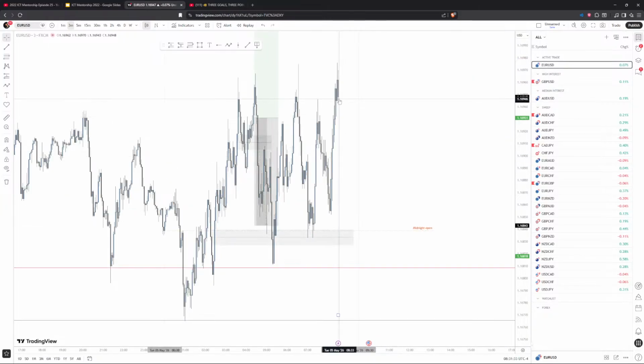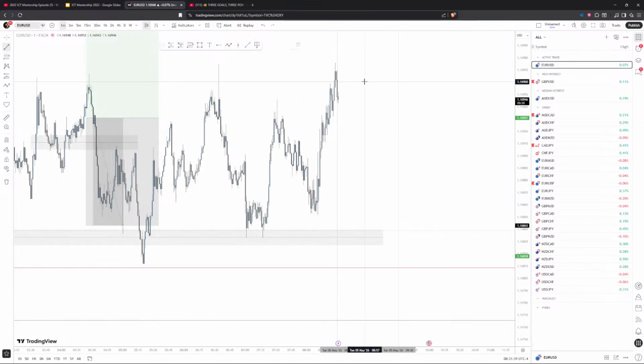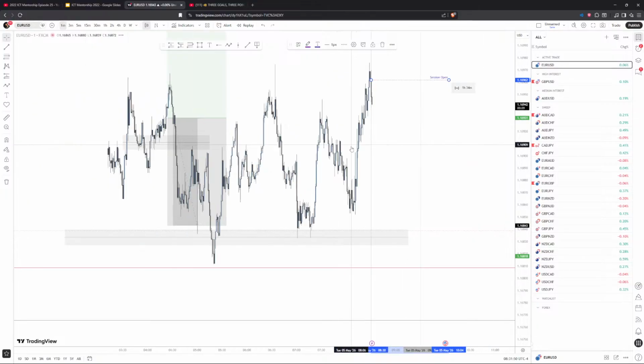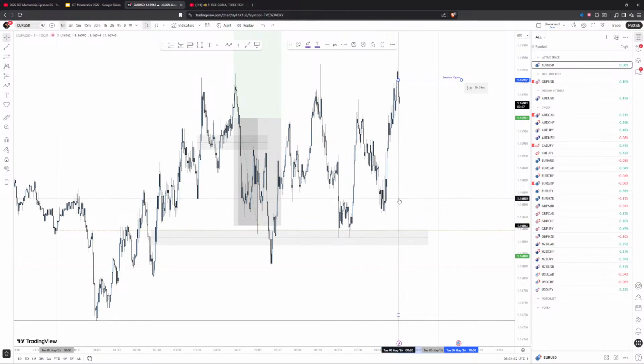And pretty much a similar story for GU as well. So this is with the midnight open.